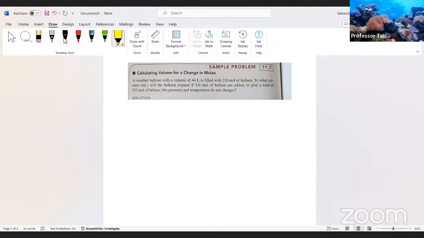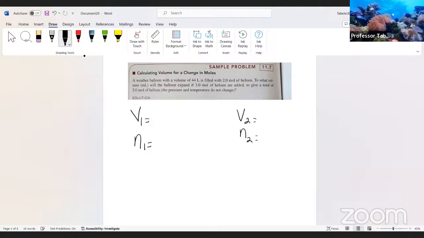So in this particular problem, you've got V1 and N1. Again, your N stands for moles. V2 and N2. So let me read this problem so you all can see what you have to do. A weather balloon with a volume of 44 liters is filled with 2.0 moles of helium.